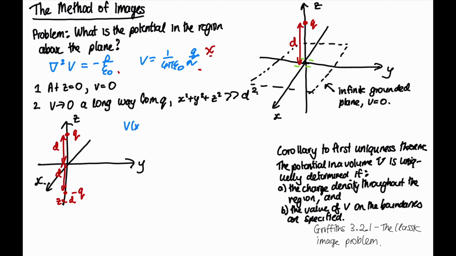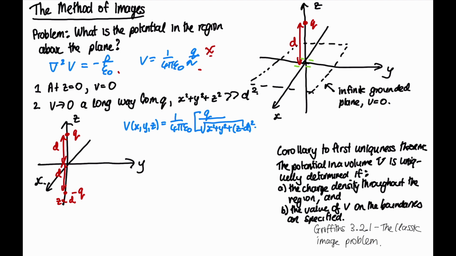the potential as a function of x, y, and z is equal to 1 over 4 pi epsilon naught. Now we've got the contribution from this charge up here, which we can write as q over the square root of x squared plus y squared plus (z minus d) squared.